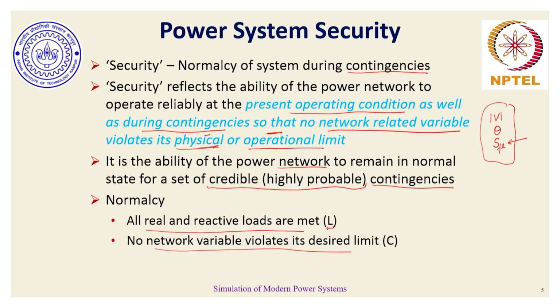The letter L essentially refers to the fact that loads are being met, whereas the letter C essentially means the constraints, which in a way is another way of stating the limits, the corresponding inequality constraints or equality constraints which ensure that the load is met and the limits are being met. If the mathematical constraints are being met, then we also associate that condition with the letter C.